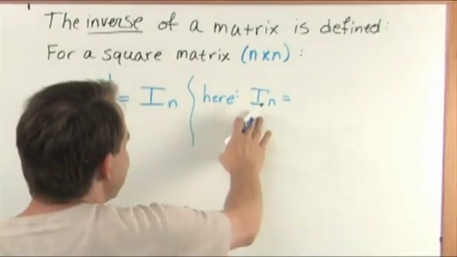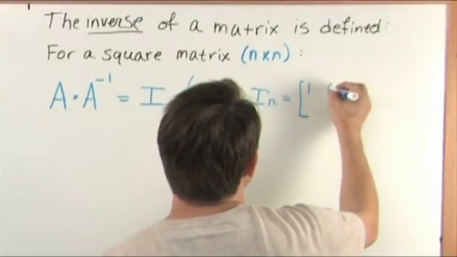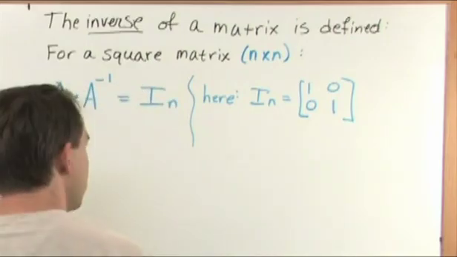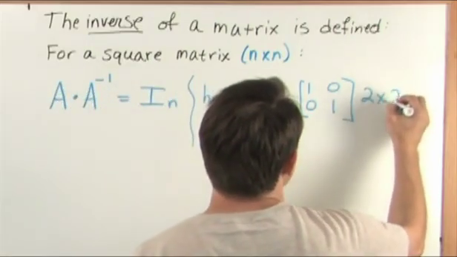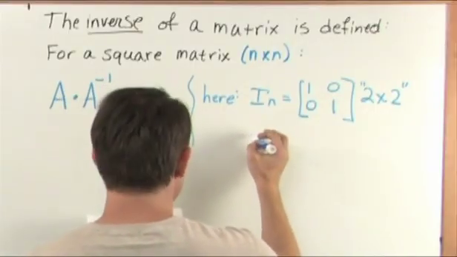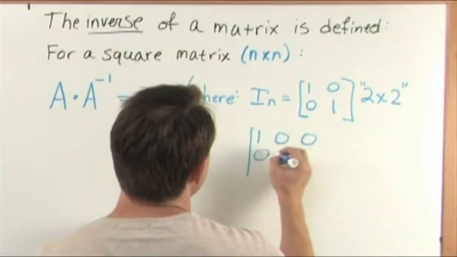So what would this identity matrix look like? Well, if it's 2 by 2, it's going to look like this. Okay, for 2 by 2. Okay, 2 rows and 2 columns. The identity matrix can look like this.